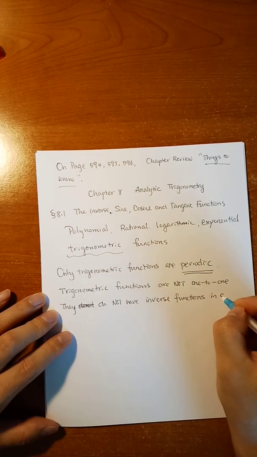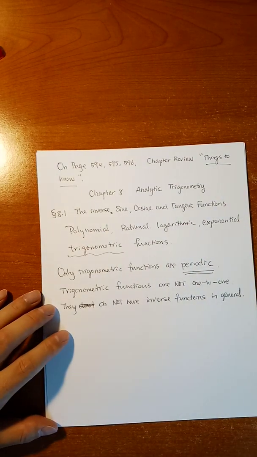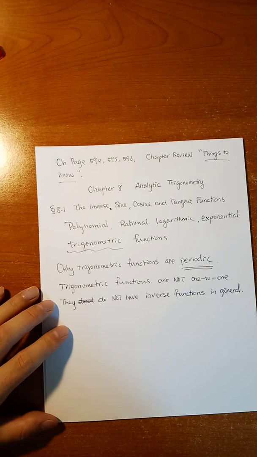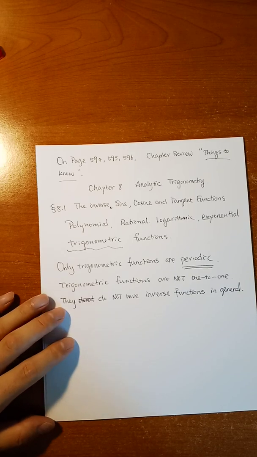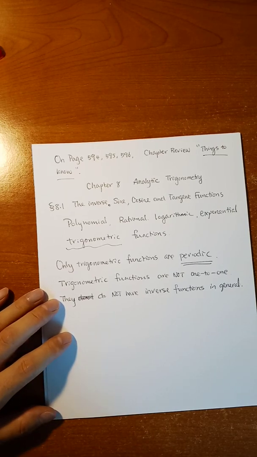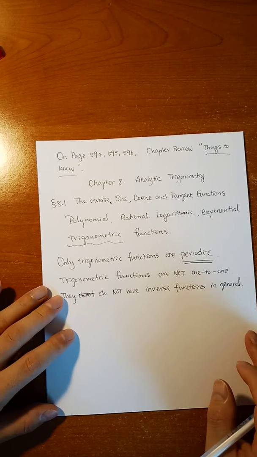In general, for a non-one-to-one function, there is no inverse function. But trigonometric functions are a very, very important type of function, and we do want to construct their inverse functions in some sense.